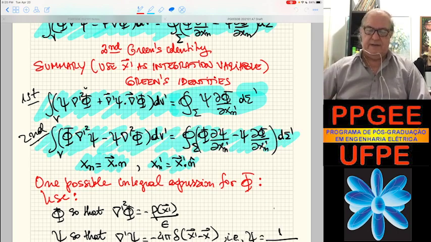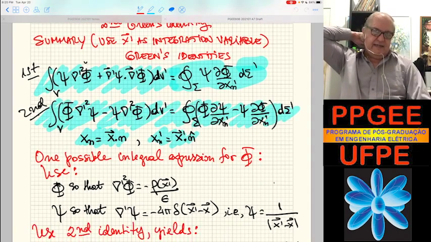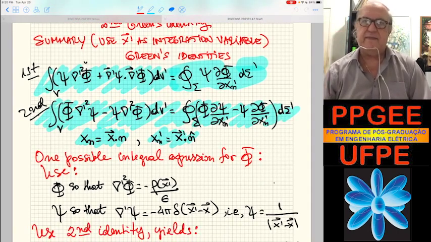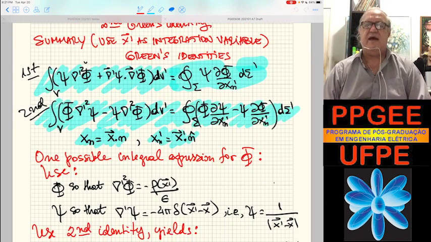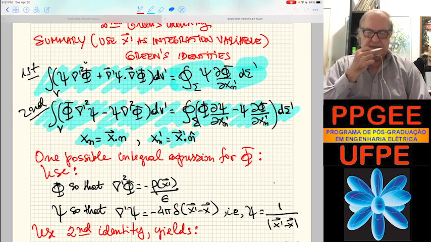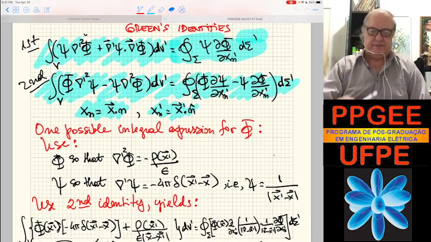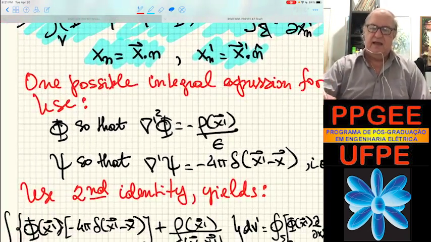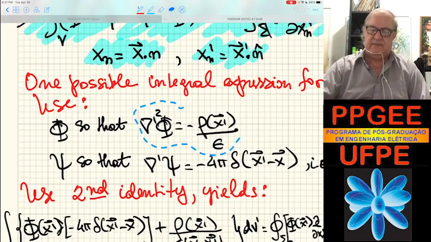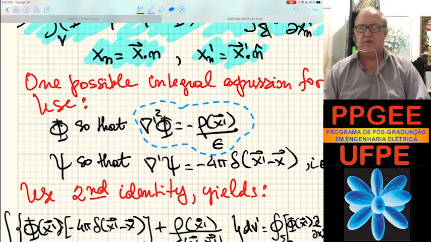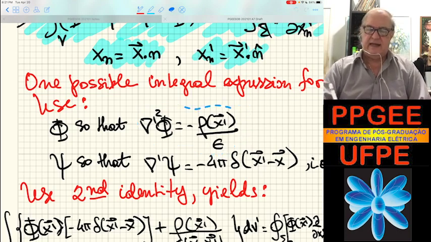Let's use the second identity, and for now I'm going to derive a possible integral expression for phi. Let's use these two functions. Let's say that phi is the potential function to the original problem, with a Laplacian that's related to the charge density.